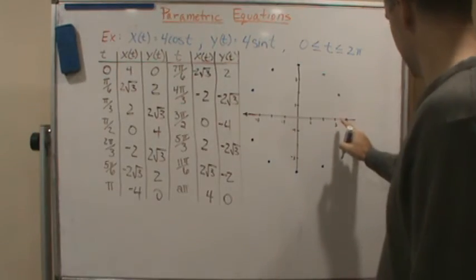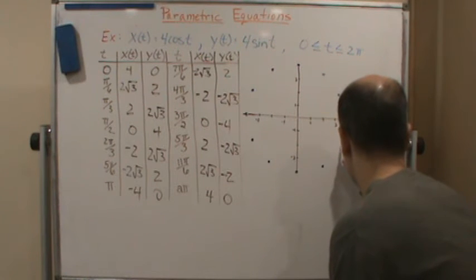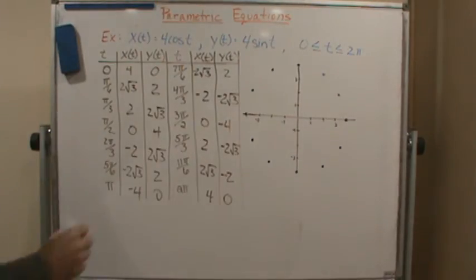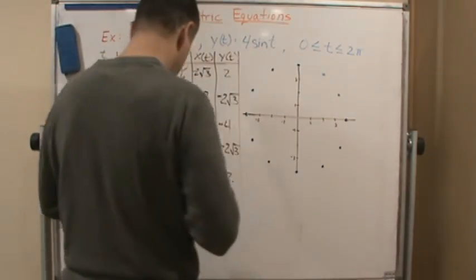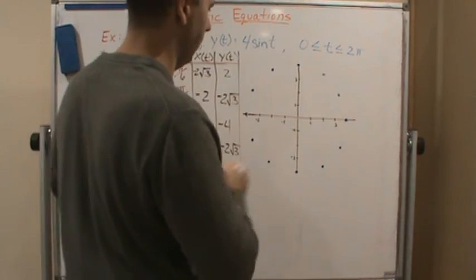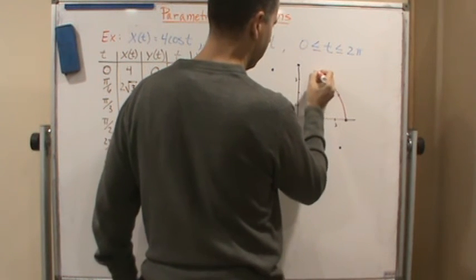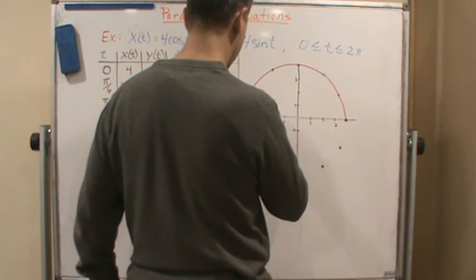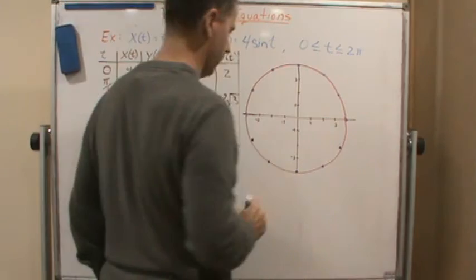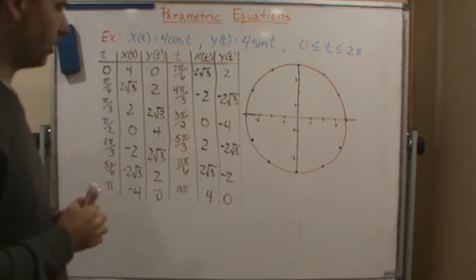So that's going to be 3.5, -2, which is right about here. And so again, we start here and we go all the way around. And we get a circle.